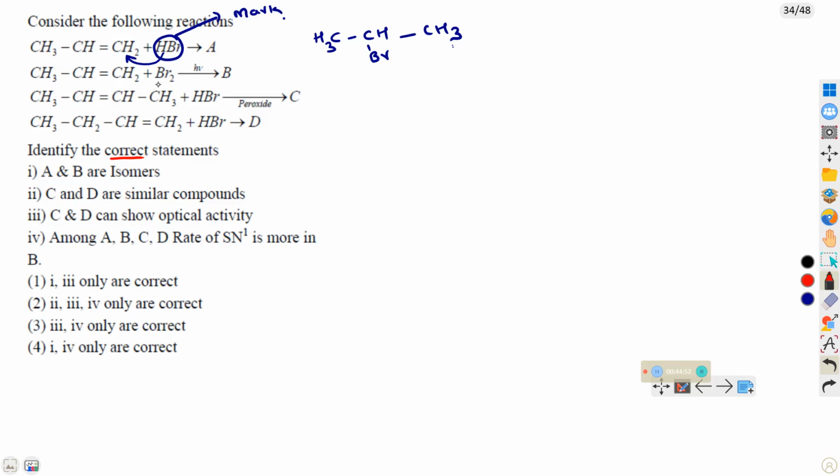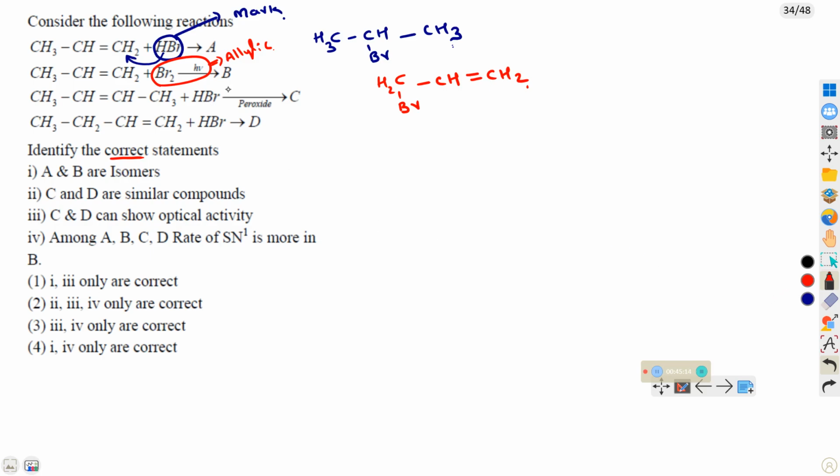Next, bromine in the presence of sunlight: an allylic carbon atom is present, so allylic substitution is favored, giving CH2Br-CH=CH2.